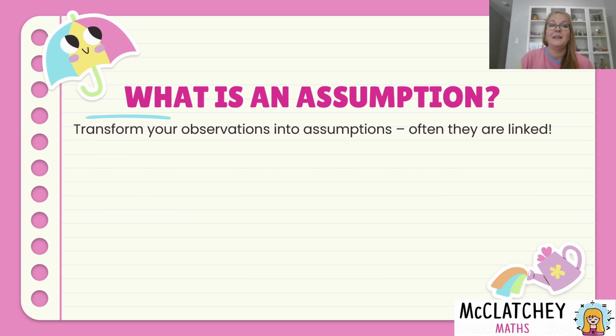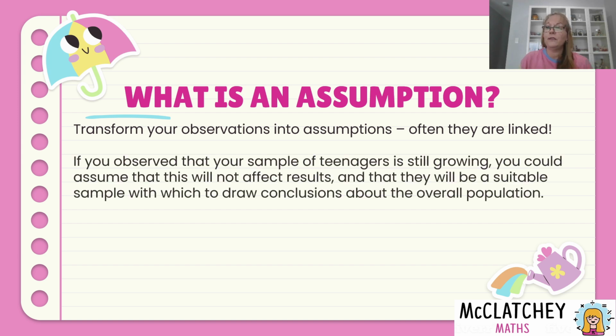I often think it's a great idea if you've observed something to not have to think about separate, completely different assumptions. Link your observation and transform that into an assumption. We've talked a little bit about how to do that. But for example, if you've got a sample of teenagers who are still growing, you've observed that teenagers are still growing, and you've observed that that could affect the accuracy of your results if you're going to be extrapolating that out to the adult population.